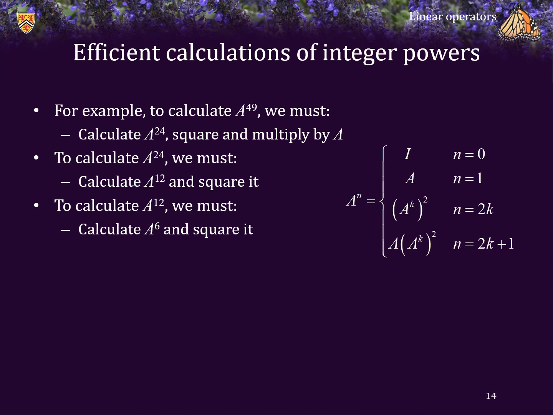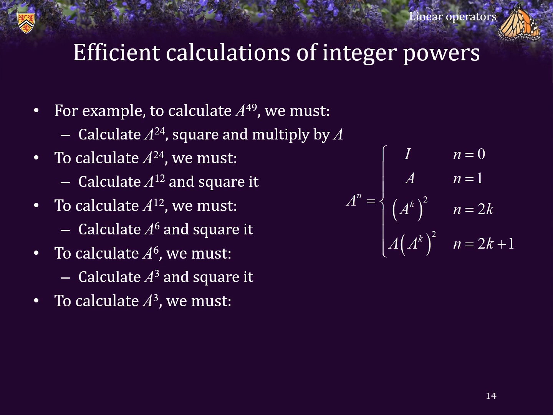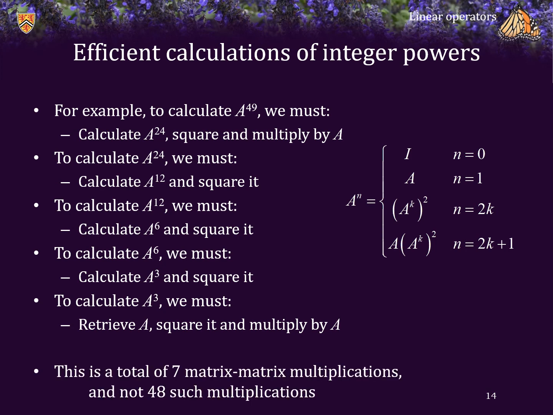And how do we get A to the 6? Well, we calculate A to the 3 and square that result. And how do we get A to the 3? Well, we retrieve A, square it, and multiply by A. That's following the formula exactly.